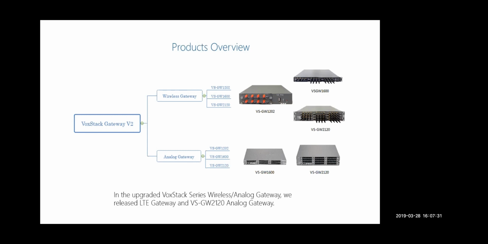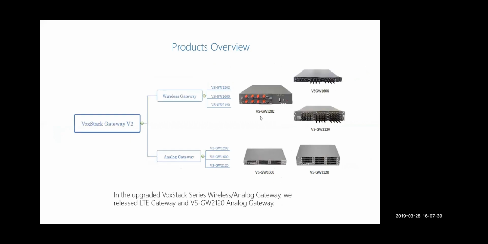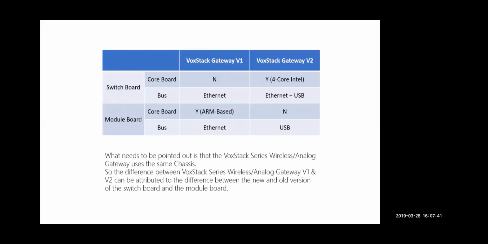What needs to be pointed out is that the VoxStack Series Wireless Analog Gateway use the same chassis. This means you can insert the new version module and the control board into the old chassis if you need. We will discuss the specific calculation later.